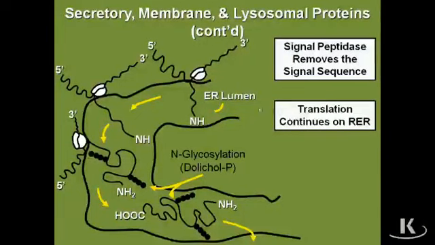Now, translation is going to continue on the endoplasmic reticulum. This is why, if you take an electron micrograph of a cell, you see that the endoplasmic reticulum has all these dark, electron-dense dots sprinkled, like poppy seeds all over it. What are those dots? Those are ribosomes. As a matter of fact, there's something called polyribosomes.